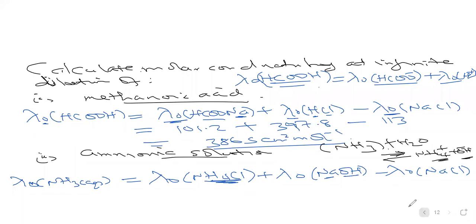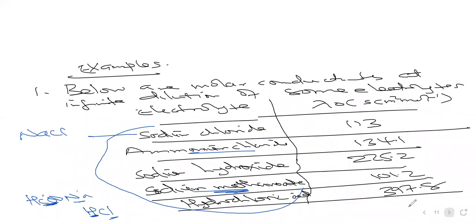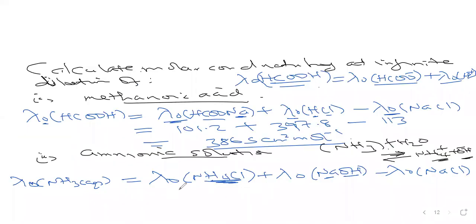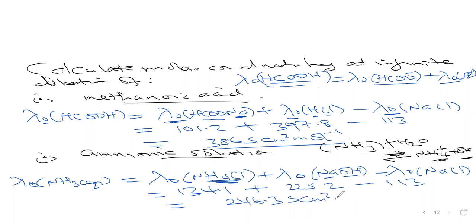That of ammonium chloride is 134.1. That of sodium hydroxide is 225.2. And that of sodium chloride is 113. The answer here is 246.3 S centimeters squared per mole.